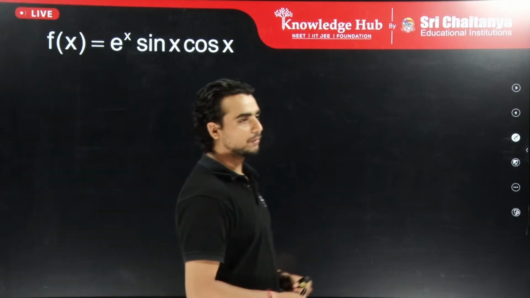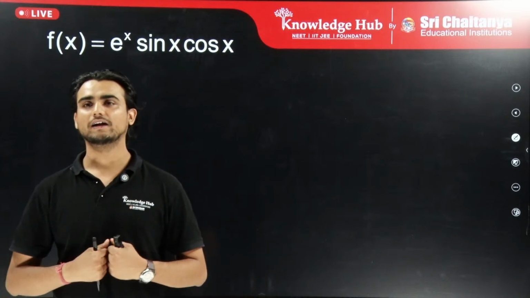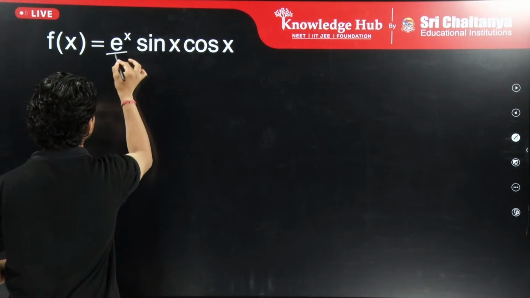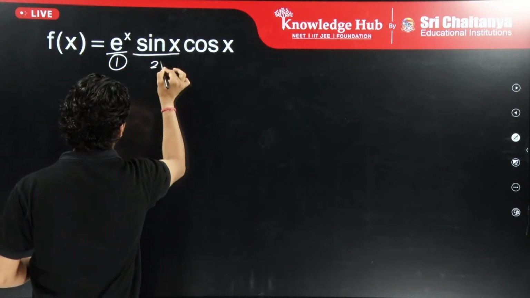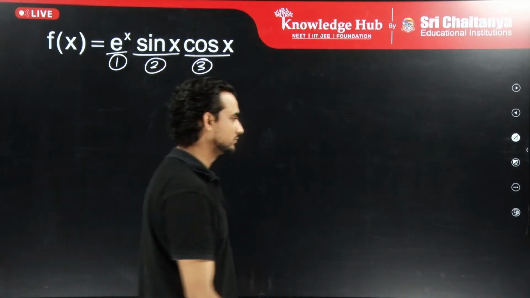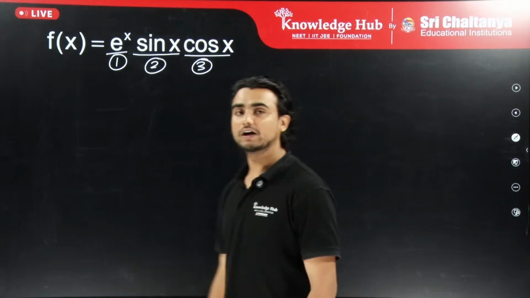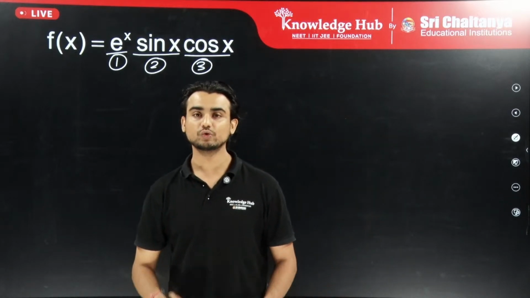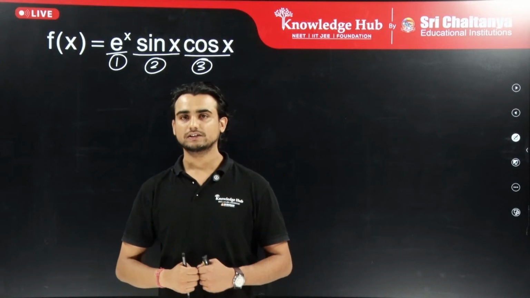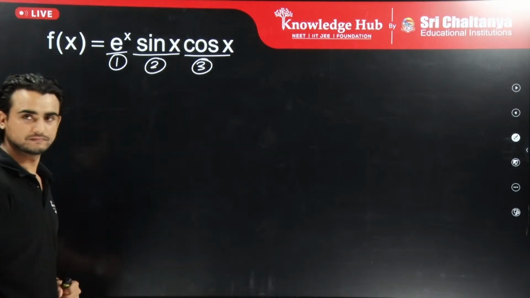Now, let's talk about this function. In this question, what do I have? If you look closely, I have function 1, sin x is my second function and I have cos x as my third function. Now there are three functions, but in the product rule we only have two functions, function 1 and function 2. So we have a problem here. How do we solve this now?